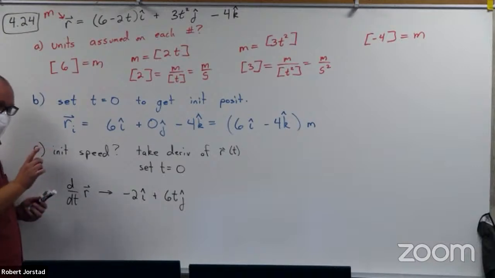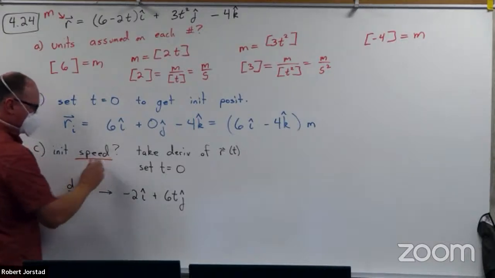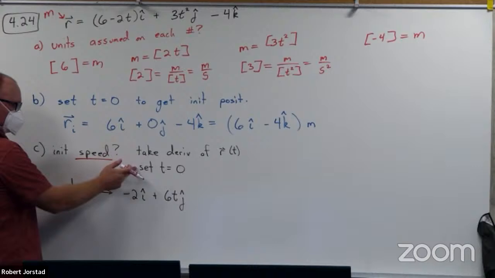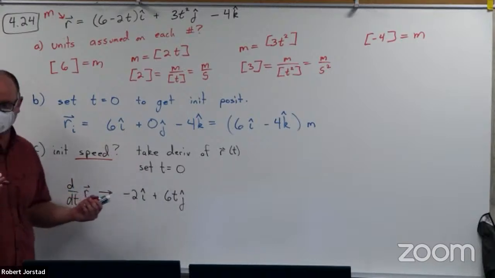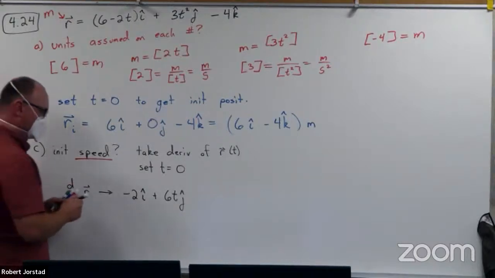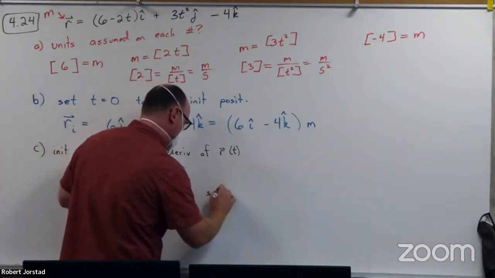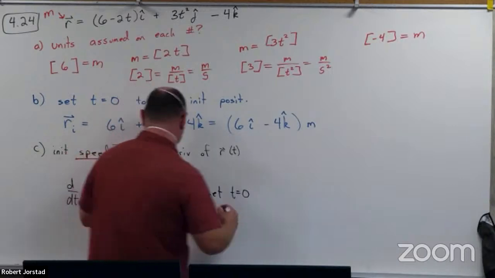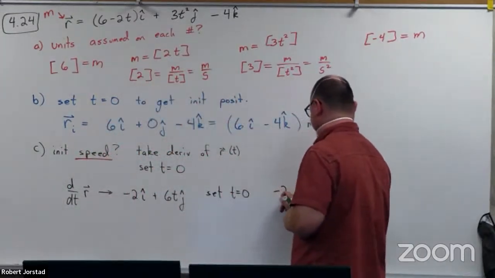We got the velocity. Did I ask you for the velocity? What did I ask for? Speed. So if we just do these 2 steps, I get the initial velocity. That's not what I asked for. Let's just do this carefully, right? If we set t to 0, I get -2 in the I hat.